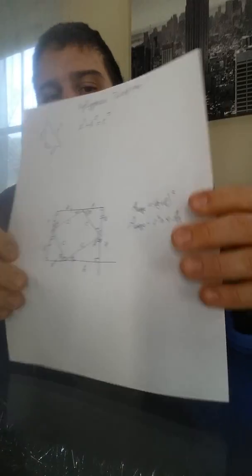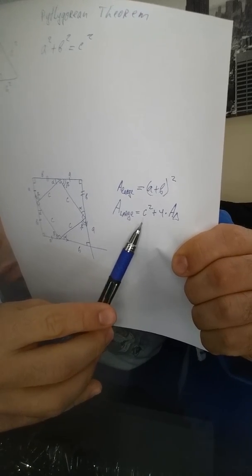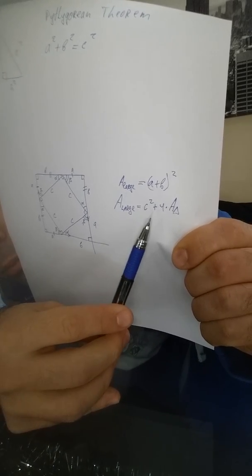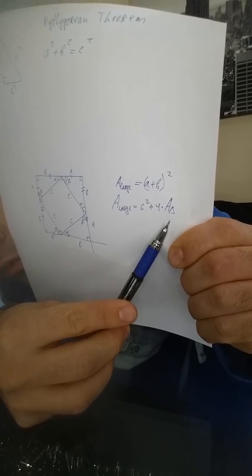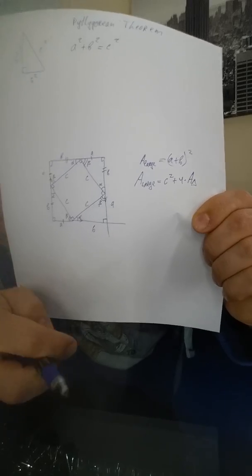So area large equals the area of the inner square, which has a side c, so it's c squared, plus 4 times the area of the triangle, because it's 4 triangles, 1, 2, 3, 4, and they're all equal.